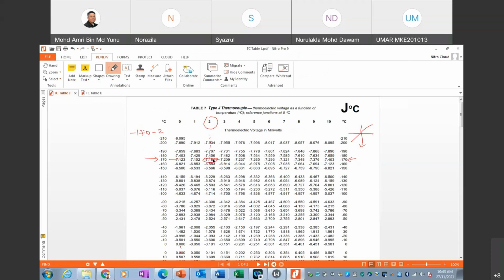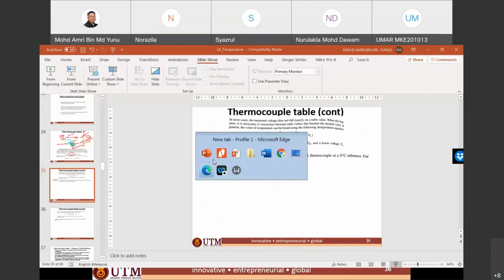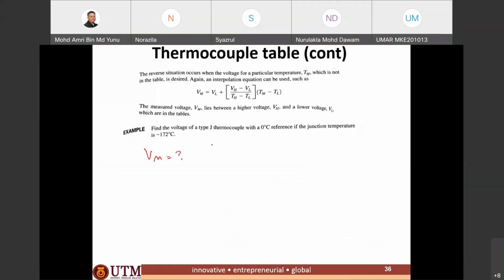So basically we don't even have to use the formula. Directly we can get the output is negative 7.18 millivolt.